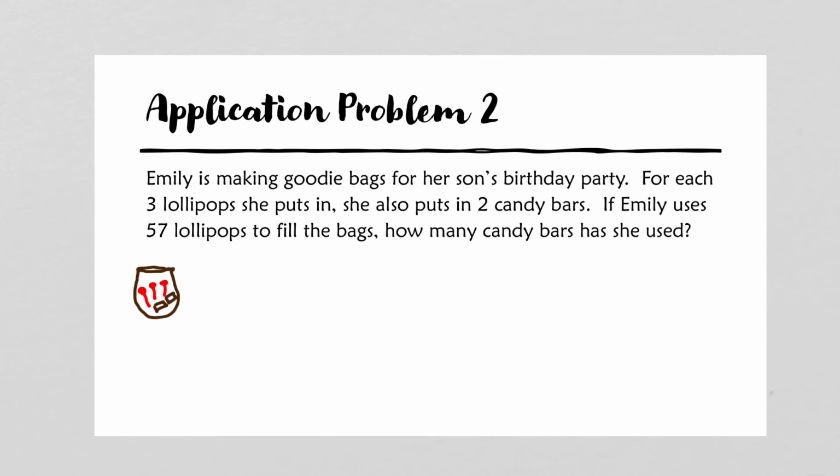But let's see if we can write a proportion to go with this problem. For each 3 lollipops that Emily puts in the bag, she puts in 2 candy bars. That means we have a relationship between lollipops and candy bars. Specifically, we have 3 lollipops, and those 3 lollipops correspond to 2 candy bars, in the same fashion as 57 lollipops correspond to X candy bars.